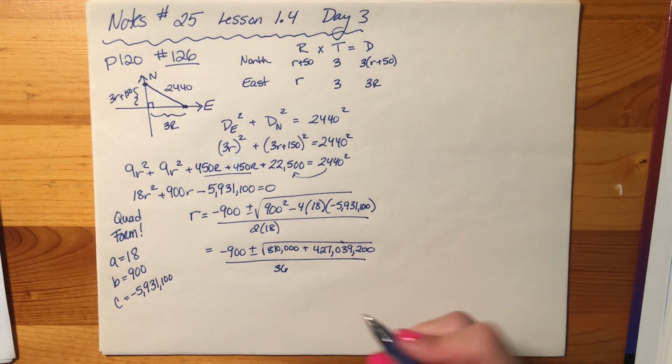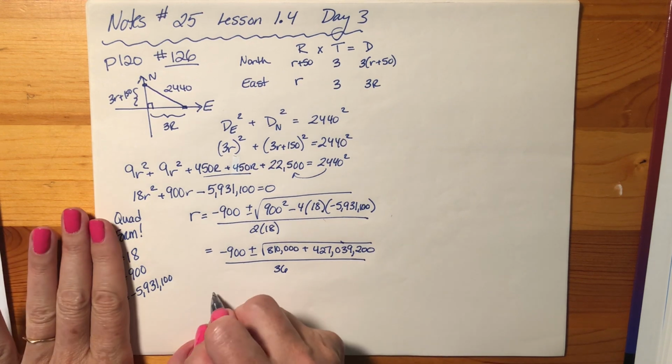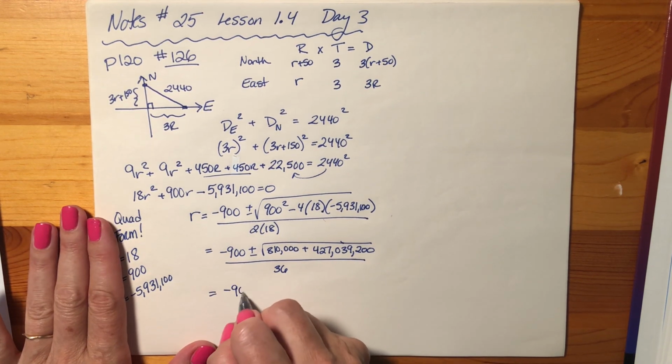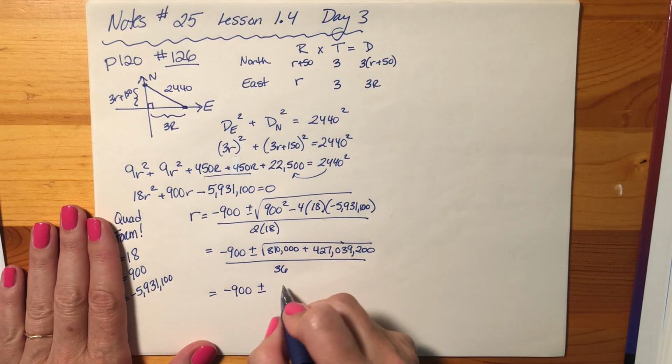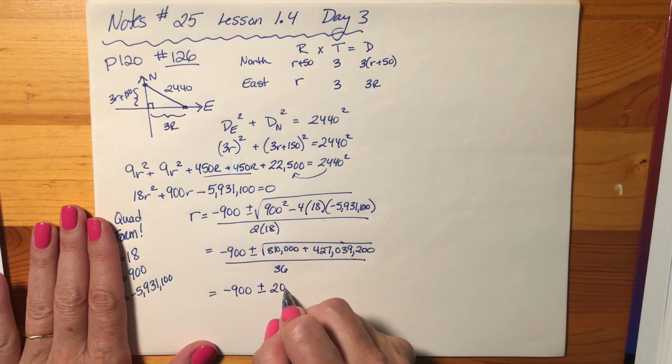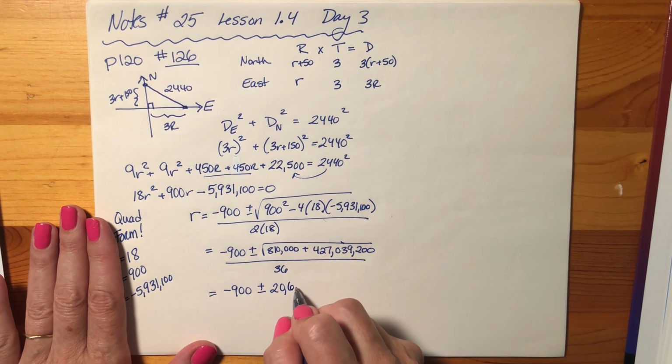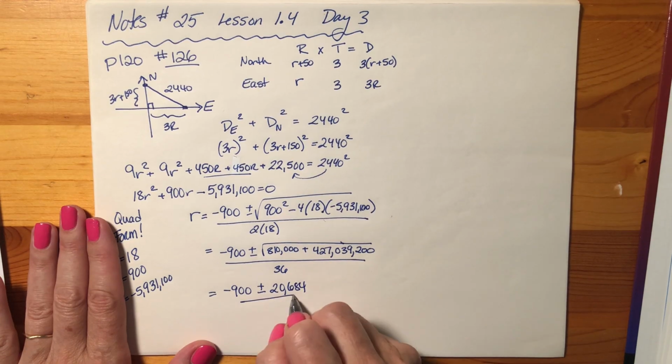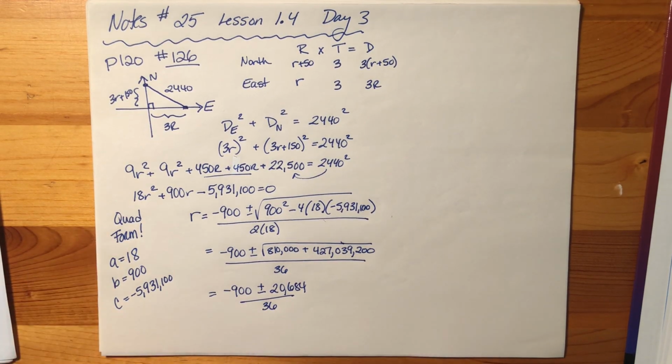Okay, so you got a couple options. Go ahead, pop that into your calculator. So that's going to be negative 900 plus or minus about 20,684 all over 36.